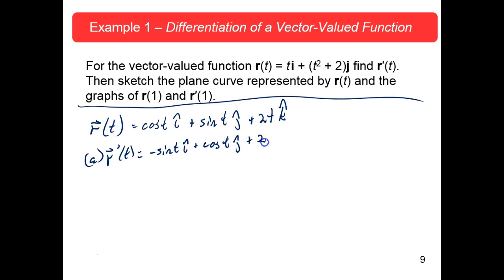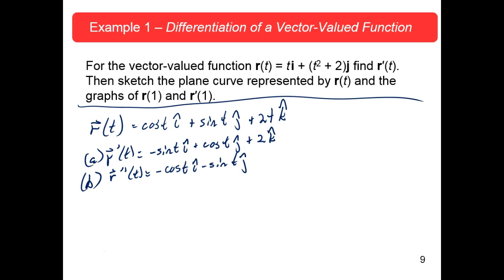Plus 2k. Perfect. B. What in the world would be r double prime of t? Negative cosine t i, negative sine t j. Done. There is no 0k.